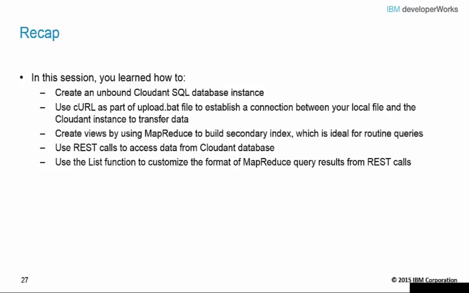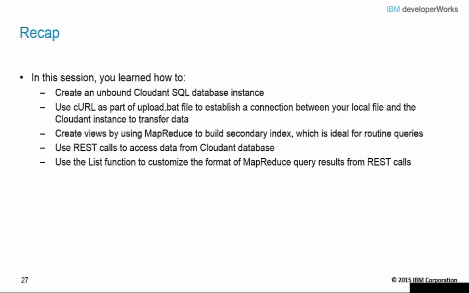So let's quickly recap what we did in this lab walkthrough. We created a Cloudant NoSQL database instance in Bluemix. We then used curl to transfer some data from our local system to that Cloudant instance.